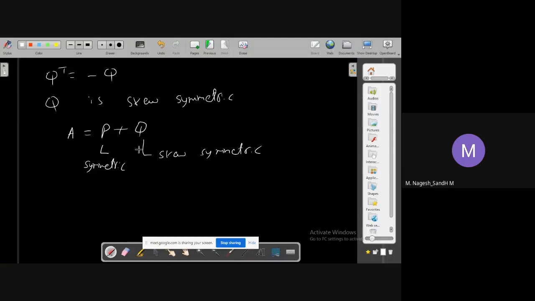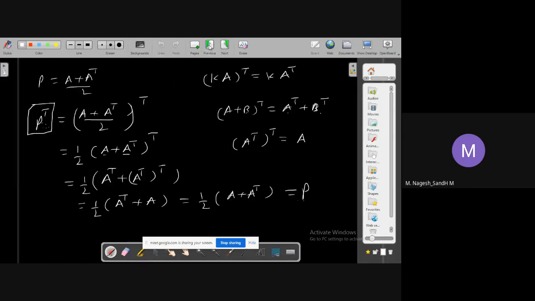That means A is expressed as a sum of a symmetric plus a skew symmetric matrix. That means any matrix we can express as a symmetric plus skew symmetric. This completes the proof.